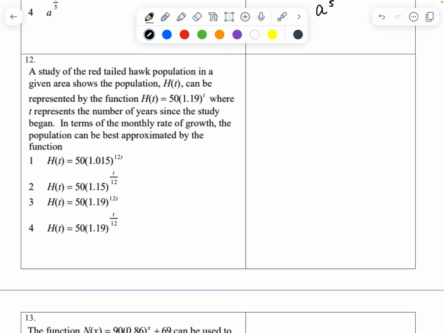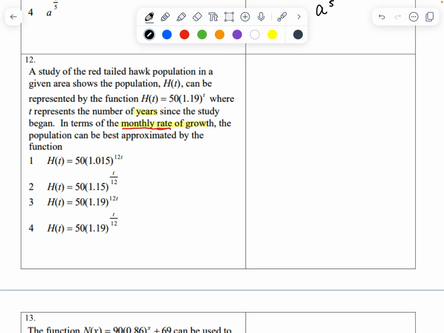All right, number 12. A study of the red-tailed hawk population in a given area shows that the population A of t can be represented by the function, where t represents the number of years since the study began. In terms of the monthly growth rate, the population can best be approximated by this function. So here's the deal. The original t was in years, and now we want to change that to monthly rate.